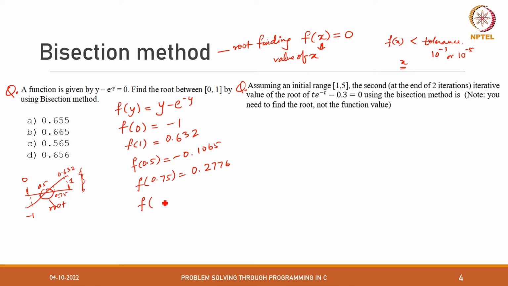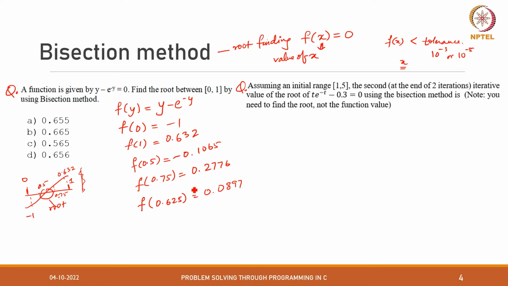So we take the average of 0.5 and 0.75, and calculate at 0.625. What is the value at 0.625? It's around 0.0897. Following me so far?